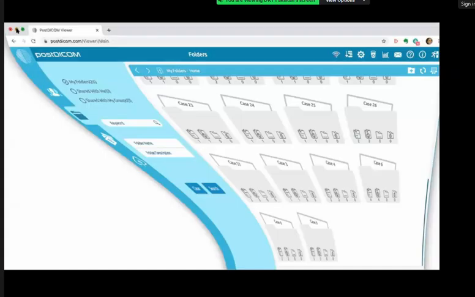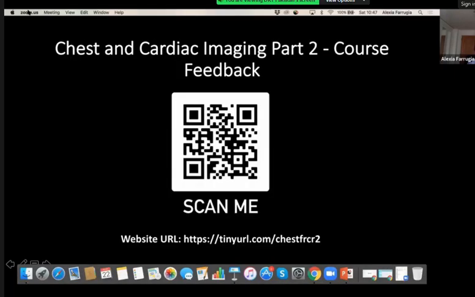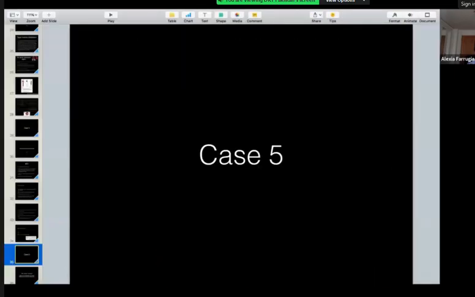Hello. How are you? I'm good, thank you. Your screen is stuck on the Dicom viewer, though. I don't know if that's just for me. Thank you. Let me just change that back to my keynotes. Can you see case 5 now? Yes, thank you. Perfect.